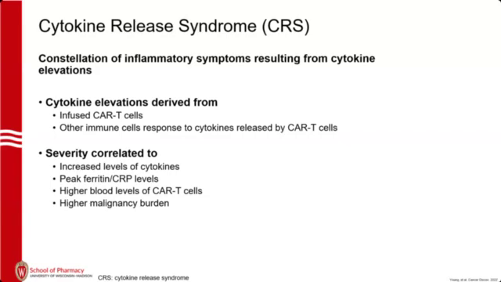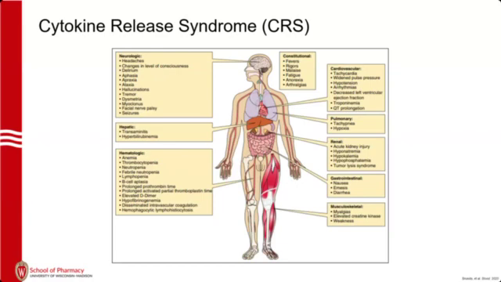And then a higher malignancy burden. So there's more T cells, more malignancy to put together, and that activation is more significant. All of that leads to more severe CRS. CRS can really look like basically anything within this chart here, but we'll really call out fevers, tachycardia, hypotension, those circulatory sequelae.